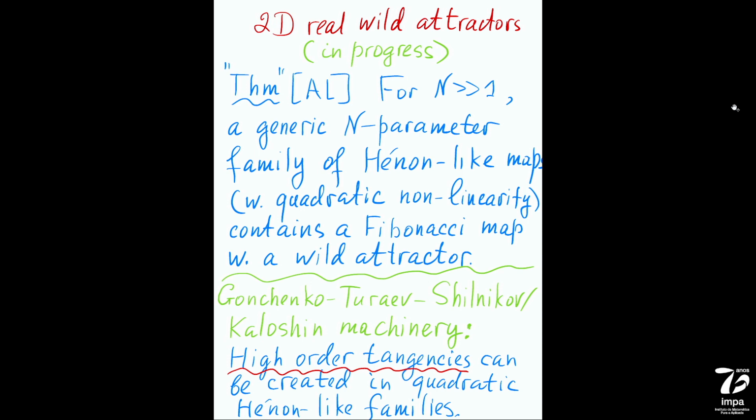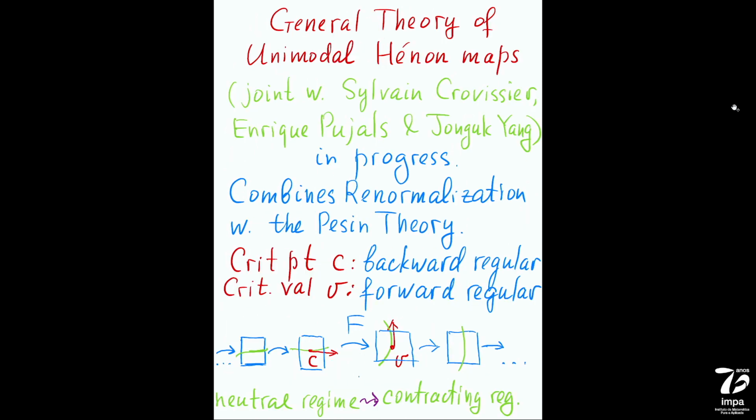And let me finish just with two slides. So it is an attempt to build up a non-perturbative theory, but axiomatic. So to put some axioms: what does it mean to be an infinitely renormalizable Henon map, unimodal? What does it mean to be unimodal?